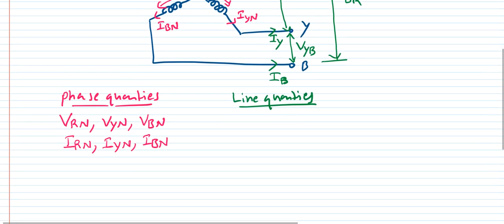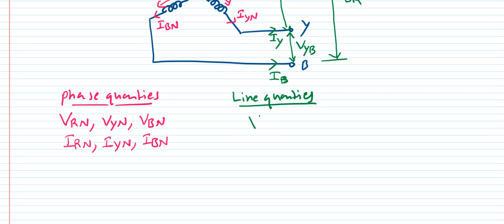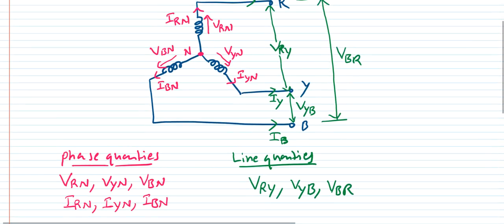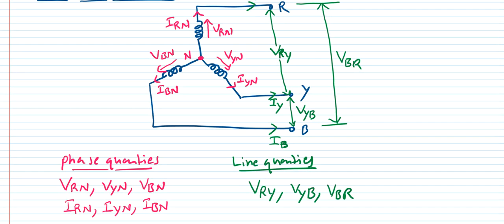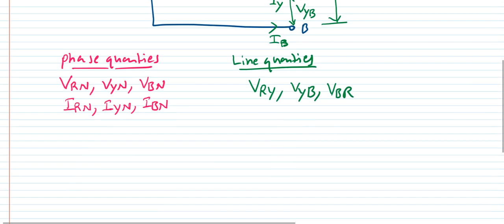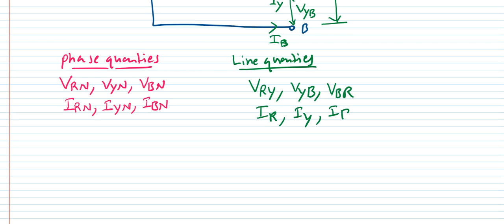So VRY, VYB and VBR are called the line quantities. Similarly the currents flowing through the lines, IR, IY and IB, are called line currents because they flow through the lines.